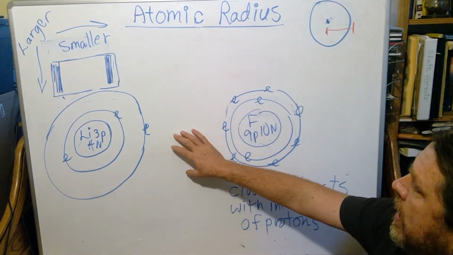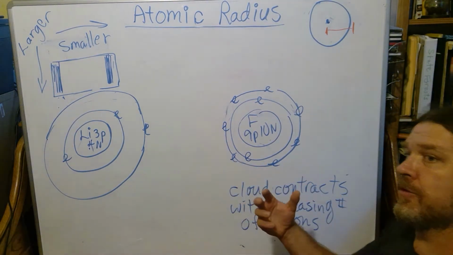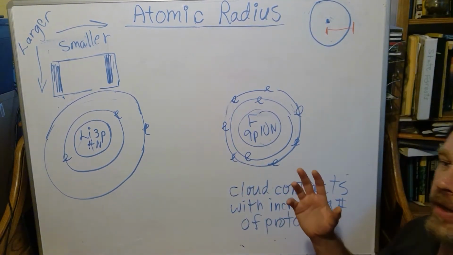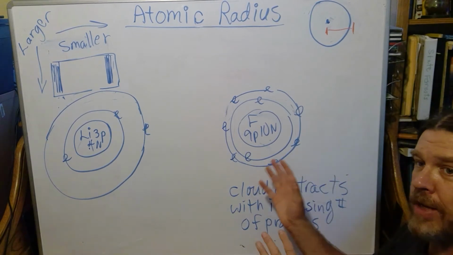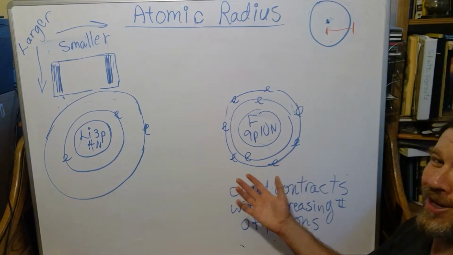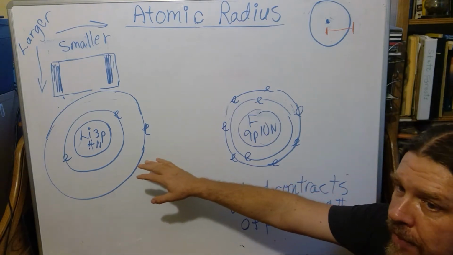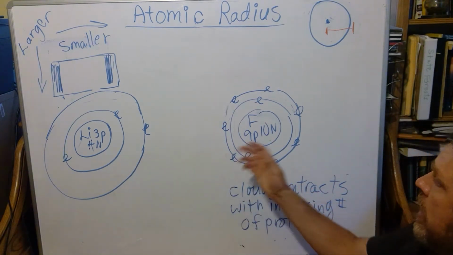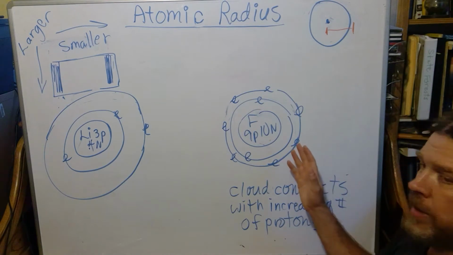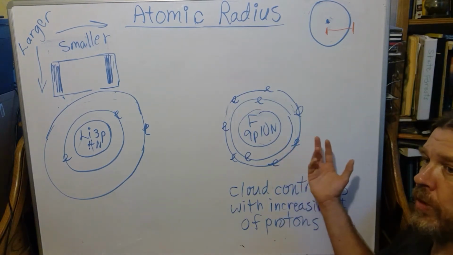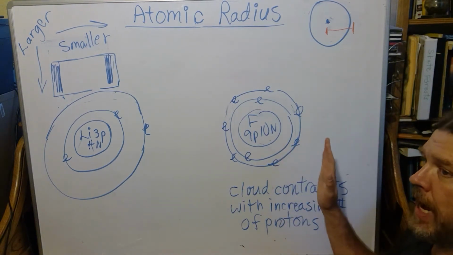So here's an example. Let's say we're on the second energy level. You want to be looking at your periodic table, of course, when we're discussing this, or it doesn't make a whole lot of sense. So we have lithium way off to the left along with the alkali metals, and then fluorine, which is a halogen, and we're reaching near that noble gas column.